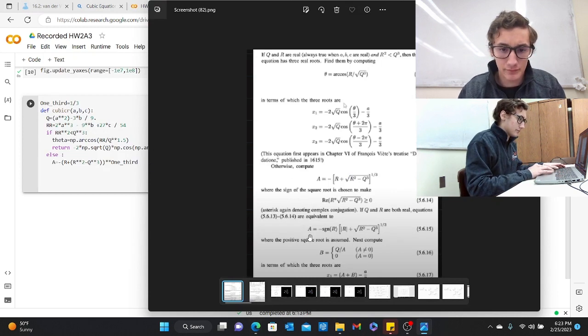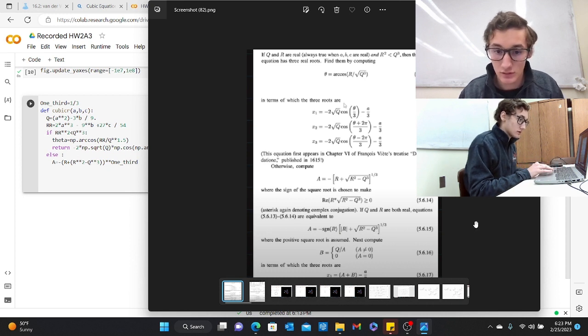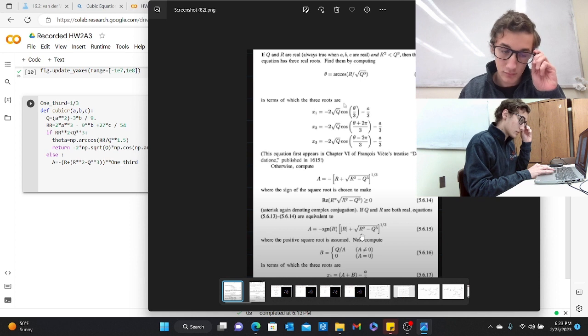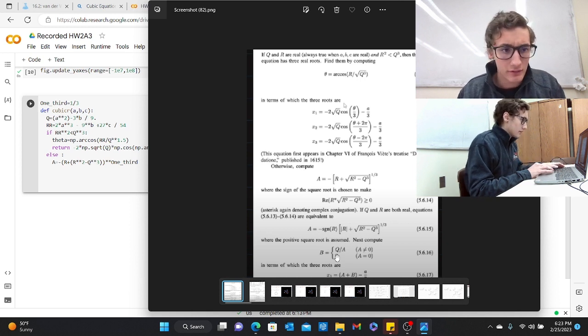So now what this is saying is if the positive square root is assumed, next compute b. So I believe this is going to be another if, or we're going to go back to the original.